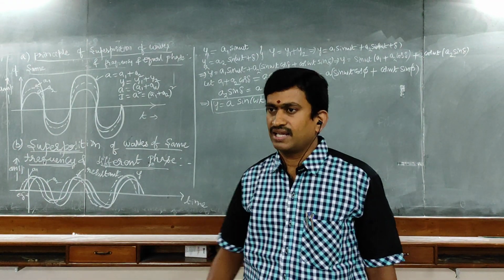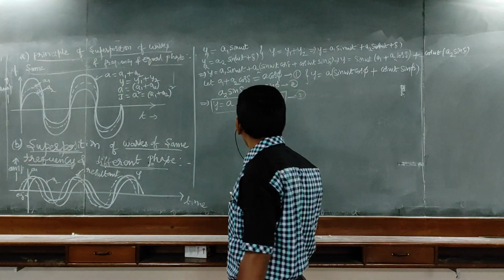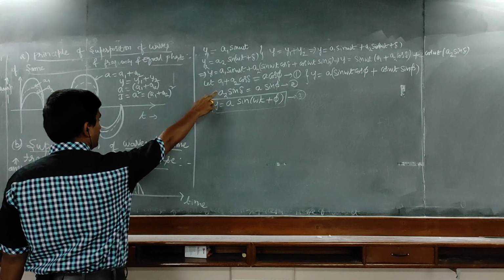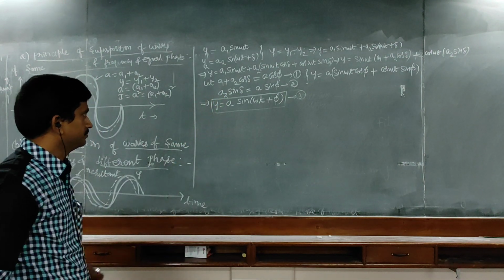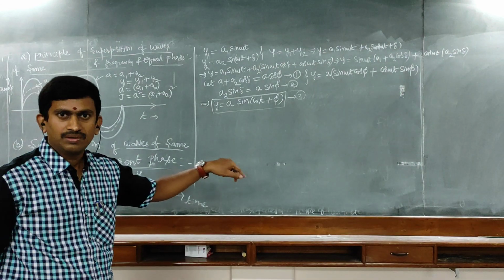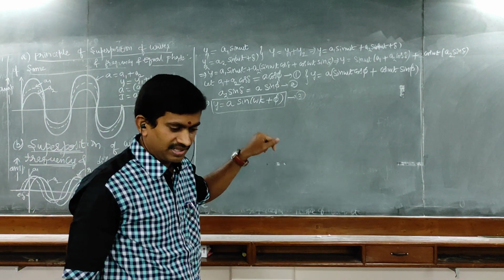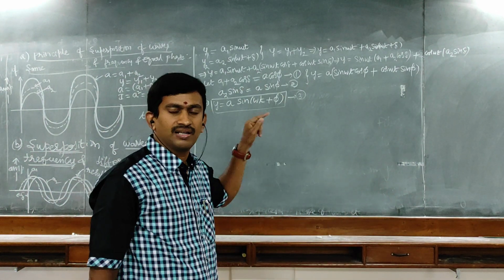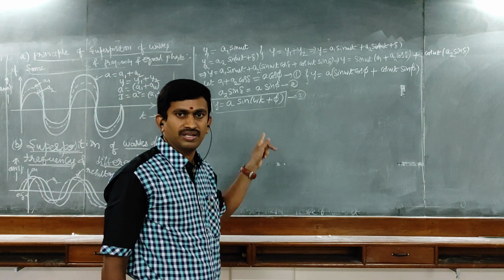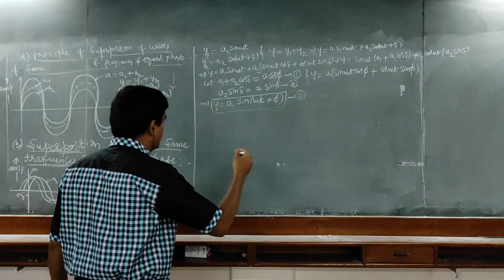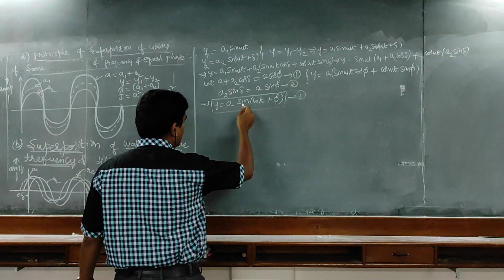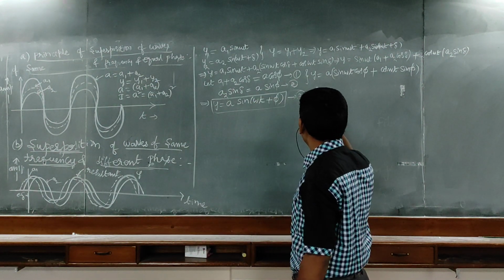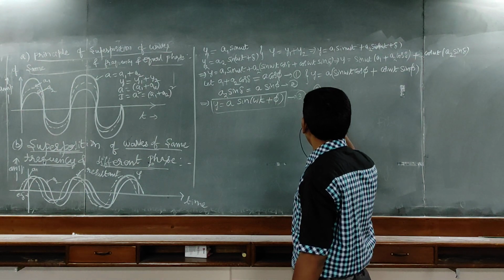In order to get the amplitude, let us square and add equations 1 and 2. Before obtaining the amplitude expression, I would like to derive the expression for the phase angle of the resultant wave. In order to get the phase, let us divide equation 2 by equation 1.